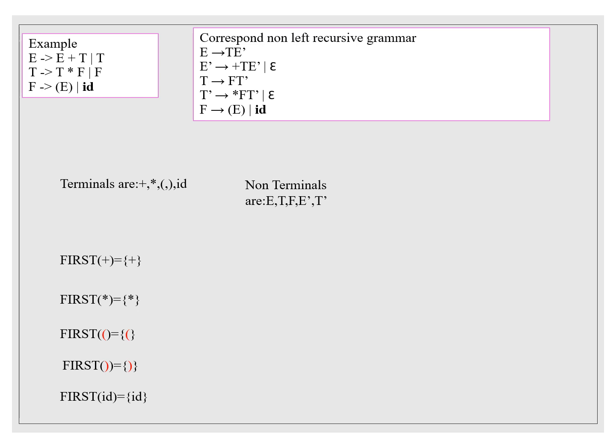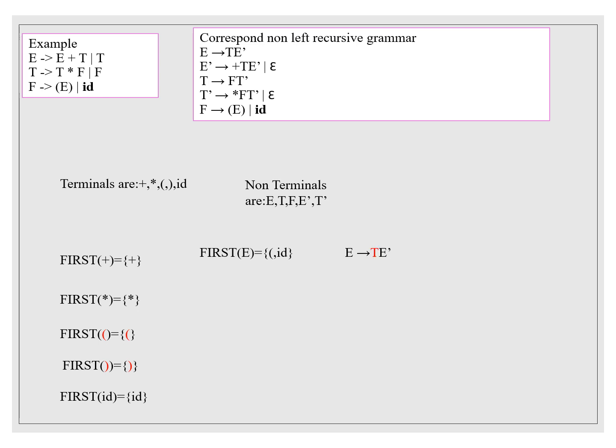So for the terminals it is very simple. This follows the algorithm of FIRST, rule number 1. According to rule number 1, if it is a terminal, we have to find the FIRST of the terminal. It is very simple. We add the same thing to the set. Now let us find out what FIRST of E is.